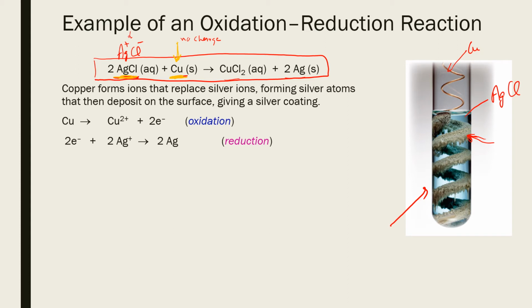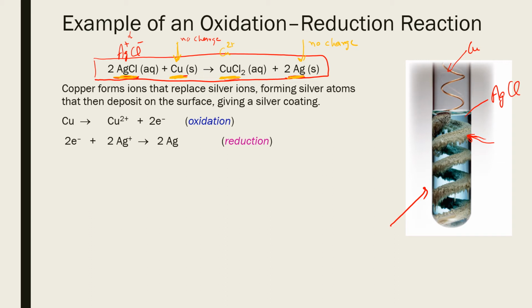But as we move along to the product side, we will see that silver now has no charge because it's an element now. On the other hand, copper has become a part of an ionic compound, so if we split it open, we will find that copper has a 2 positive charge, because it is bonded to 2 chloride anions.